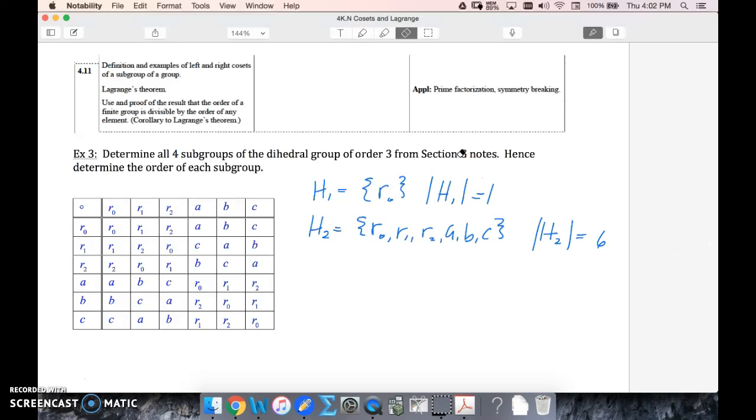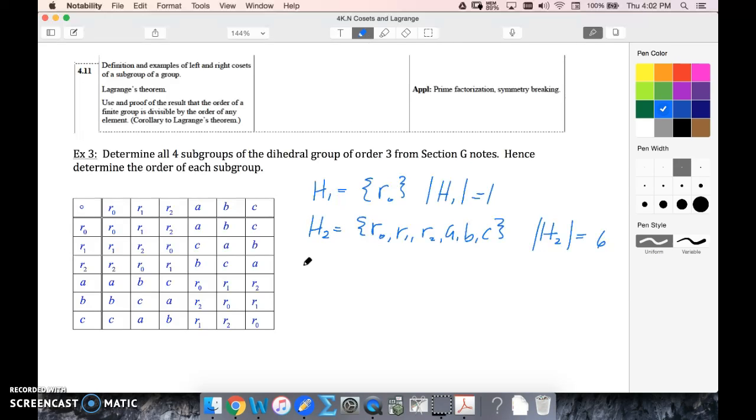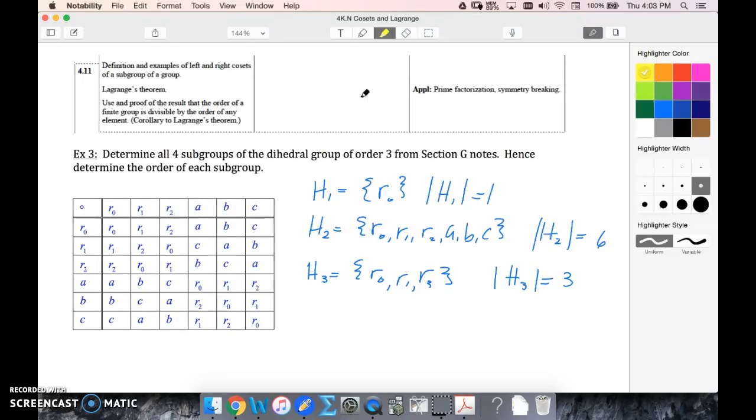Now let's look at some of the other subgroups. We had already found a subgroup of the three elements of the rotations. We talked about those, and of course that group has an order of 3. Now we've also got another subgroup. Again, I'm looking in my subgroup for closed groups.